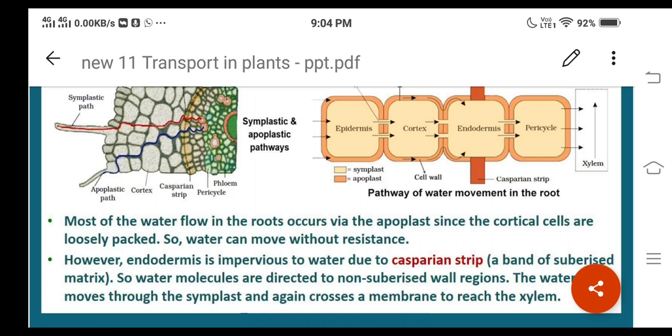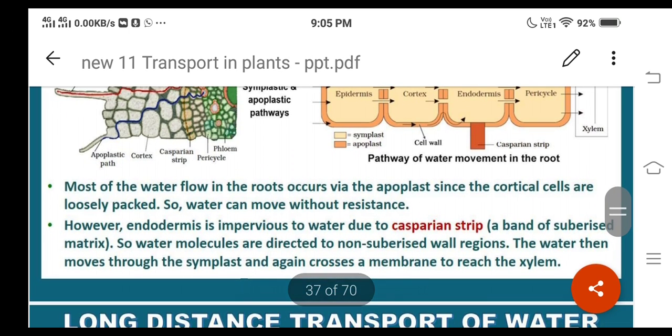Remember these passage cells are more distinct in monocot roots, but less distinct in dicot roots. In young dicot roots the passage cells will be there, but in old dicot roots the passage cells will be absent. In that situation all the endodermal cells may pass the water. But that information is not given in the textbook.